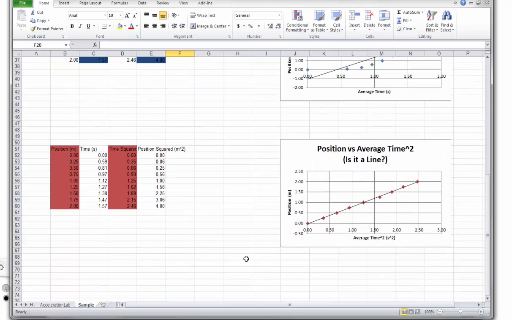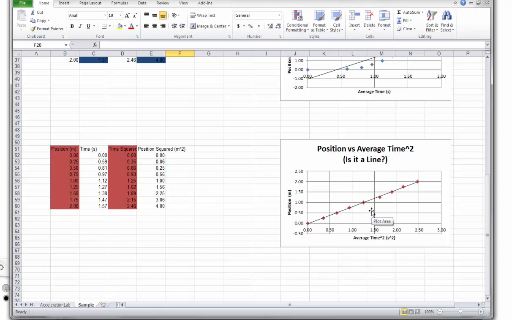I have also made a graph in which I left the position axes alone and squared the time axes. And here is what that graph looks like. Again, this is using just example data for a 10-degree angle of inclination. And in this case, the data lines up pretty well with the line. So the answer is, is this a line?